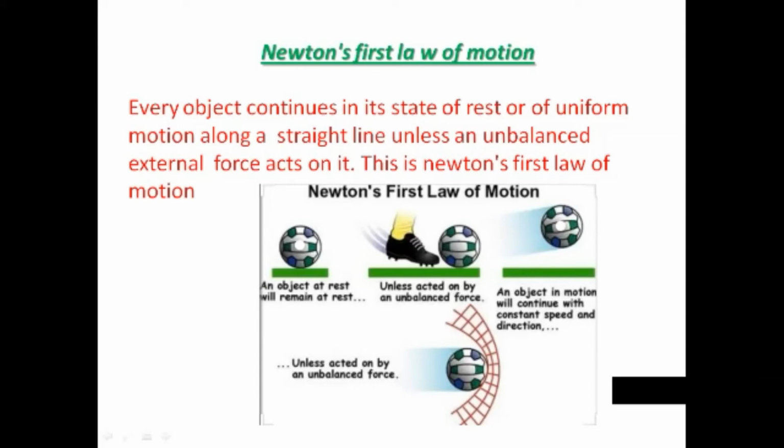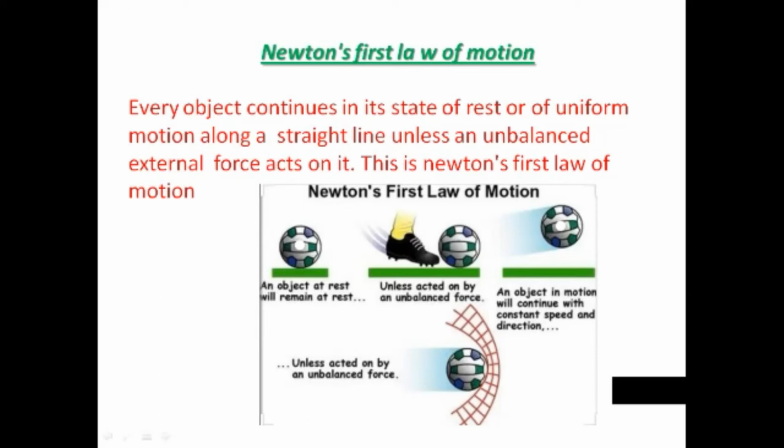And in this figure, you can see that a ball is in a state of rest. And a force acting on that ball changes the state of the ball. The first state is at rest, and on getting a force, it changes its state, that is, from rest to motion. So an external unbalanced force is needed here to move the ball from rest to its new position.